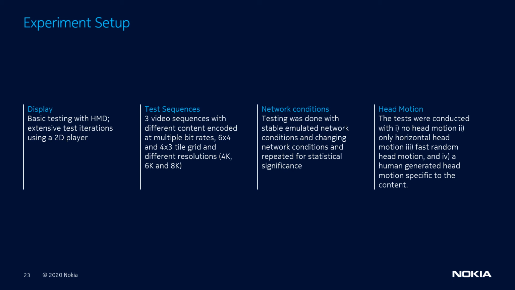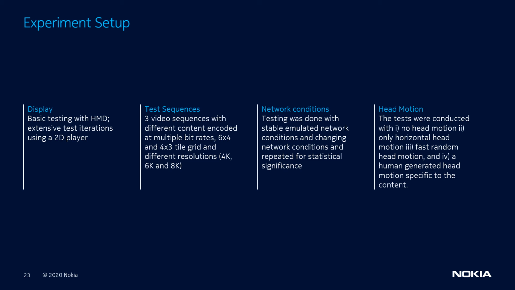And then we also did changing network conditions where we dropped the bandwidth from very high rate to very low, and then from low to high. And in another one, we gradually decreased the bandwidth from a high level to a low level, and then gradually increased it.